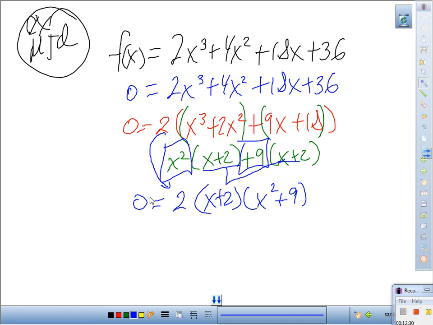Step 4. Pass it to someone, please. Who? Zab? Oh, Zab. What do we do in the next step?